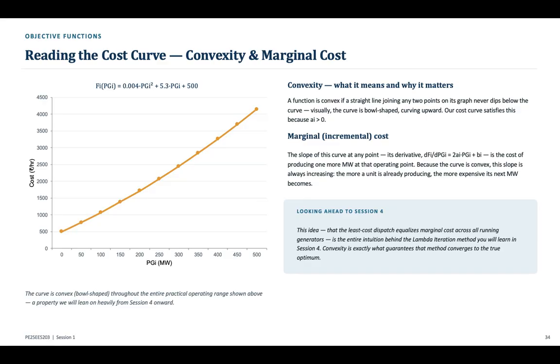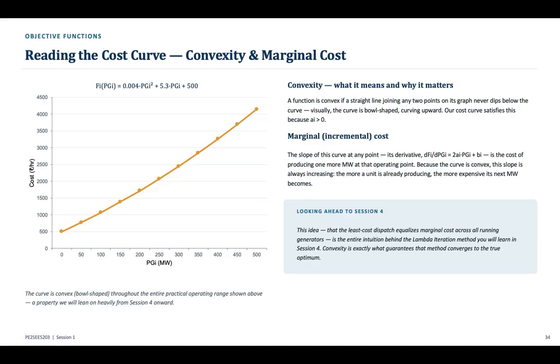Okay. So when it comes to convexity, what it means and why it matters. See, the function is convex if a straight line joining any two points on its graph never dips below the curve. So visually the curve is bowl shaped, curving upwards. So our cost curve satisfies this because ai is greater than 0, right? Marginal incremental cost, the slope, what you can see here, right?